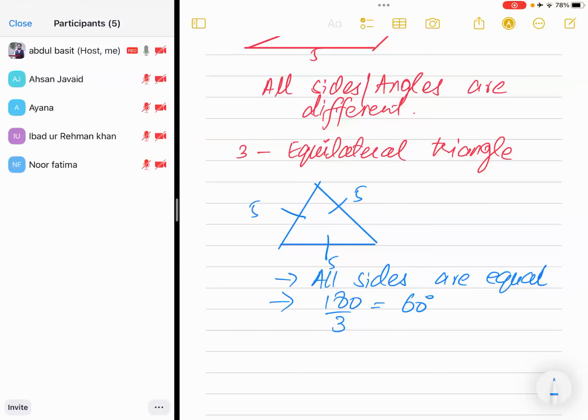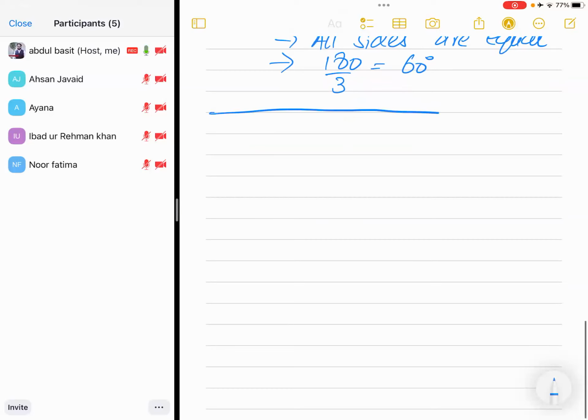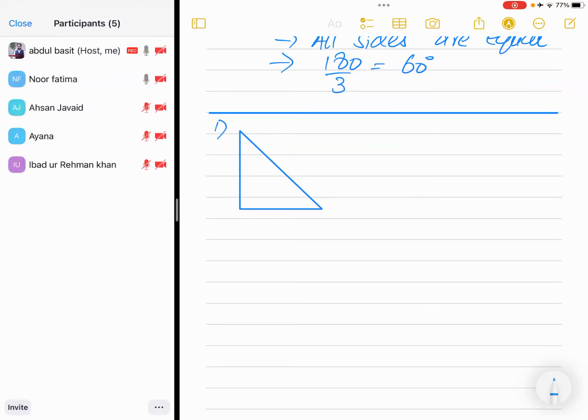Yes, sir. Okay, now let's test this knowledge. For example, what is the name of this triangle? Sir, I don't know. It is just a triangle. What about this one?